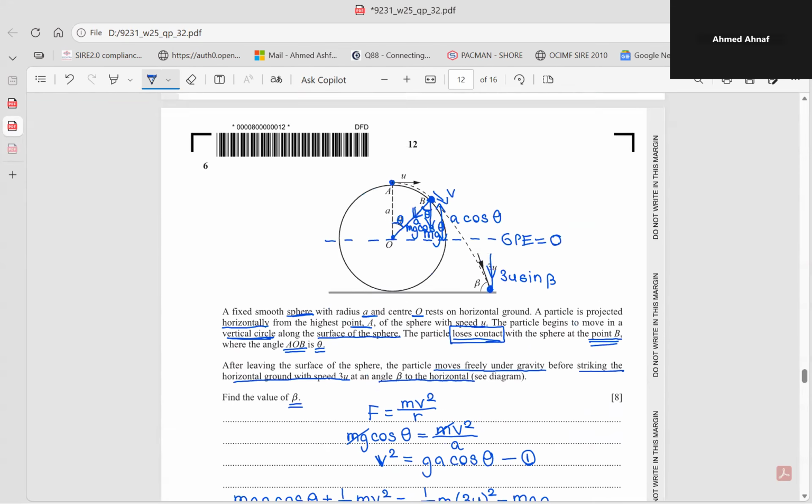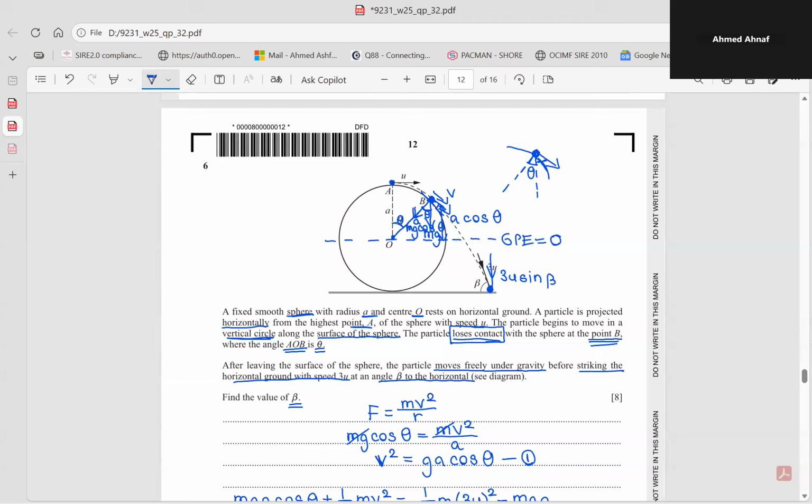First of all, we need to find the angle that it gets projected downwards. Let's do a close-up of this. This is the surface that it goes away from. This is a normal, and this is the angle theta.